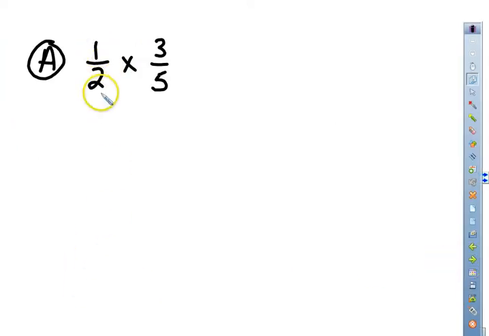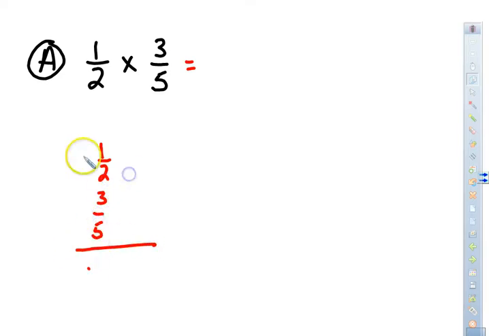Go ahead and multiply 1/2 times 3/5. Go ahead and hit pause. Now, as we did in adding and subtracting, we would stack them on top of each other like this. And today, I don't want you to do it in that manner.